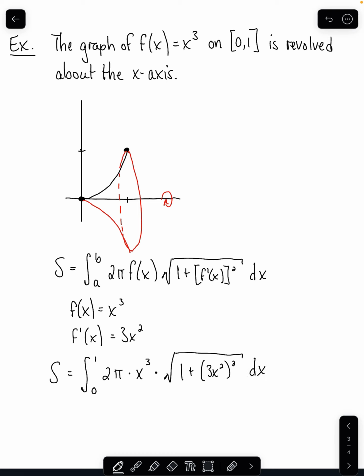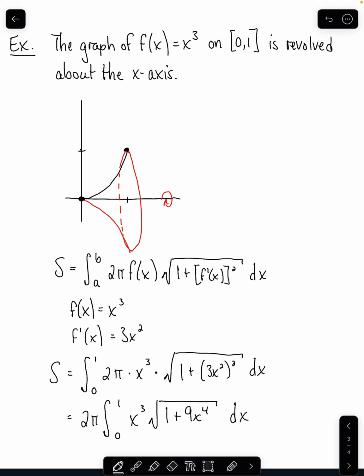The 2 pi is a constant multiple and can be brought in front of the integral, which will certainly make finding the antiderivative a little bit easier. That leaves us with the x cubed on the outside and a 1 plus 9x to the fourth underneath the radical, which actually is perfect.